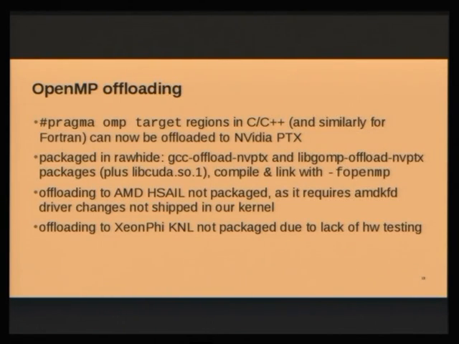And this is the first offloading we actually package in Fedora. So you can actually install 2 packages which are built alongside with GCC and have to use the binary blob libcuda from somewhere else. We just dlopen it, and then you can offload your code and compute it on the GPGPU.